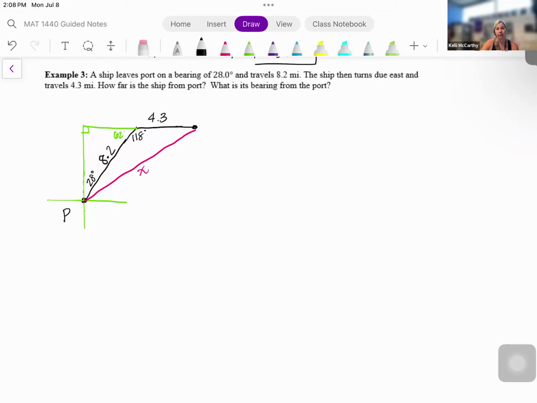And now we have enough information. We've got side, angle, side, and we can solve for the distance between the ship and the port using law of cosines. So x squared equals 8.2 squared plus 4.3 squared minus 2 times 8.2 times 4.3 times cosine of 118 degrees.